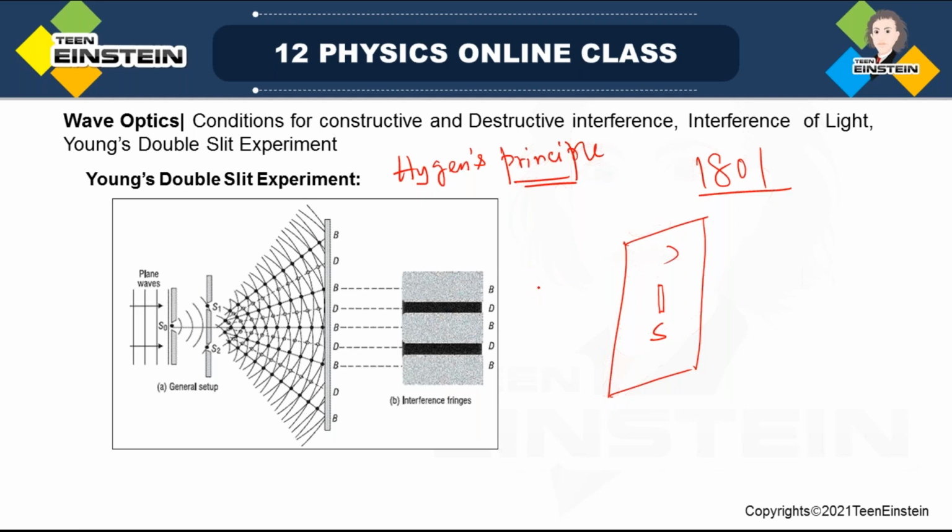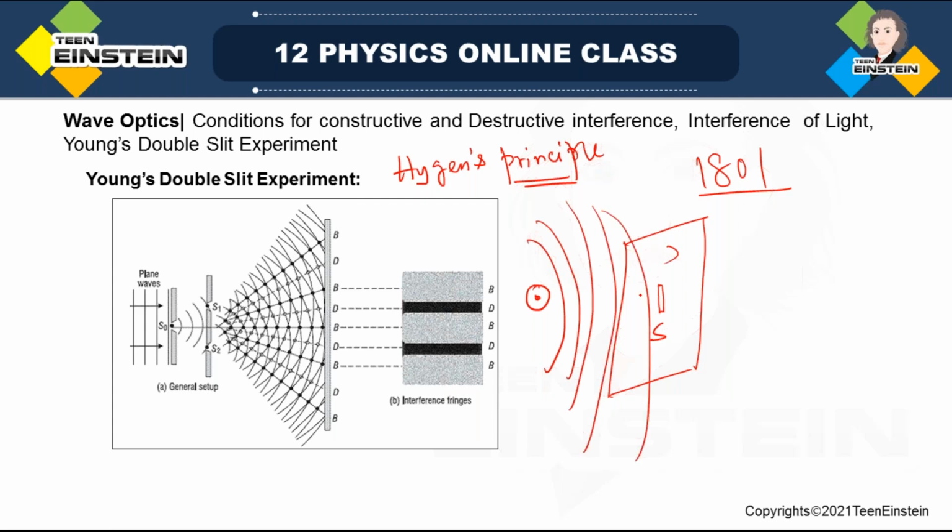So suppose I have a source of light over here. When this is a point source, spherical wave fronts come like this, and then part of the spherical wave front will be passing through this rectangular slit.